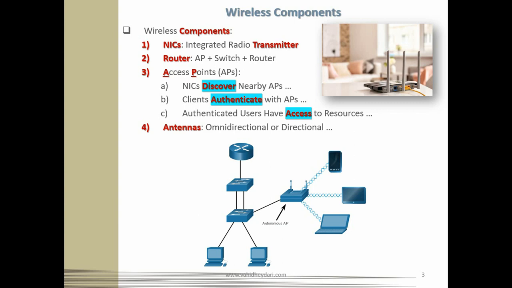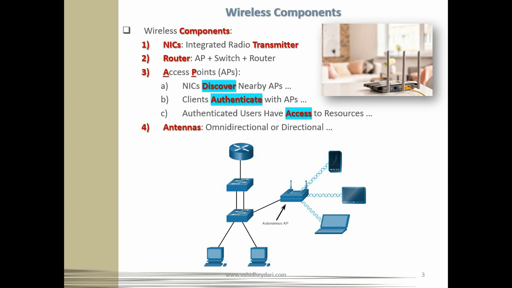Whichever you go with, they are autonomous in the sense that they act independently of the other components of the network, and in the sense that these APs are managed manually by the administrator. They are not managed automatically. So that's why we call them standalone or autonomous access points, or APs.